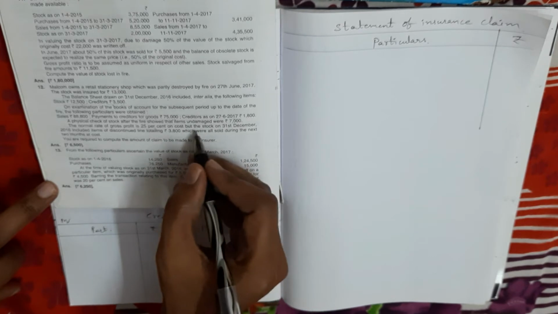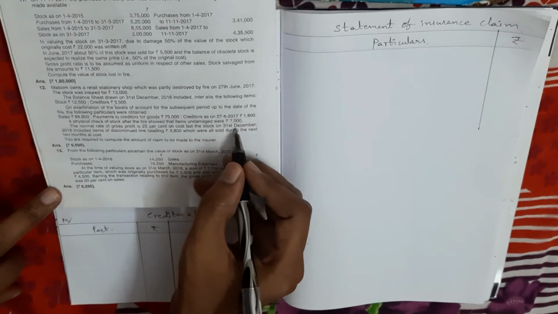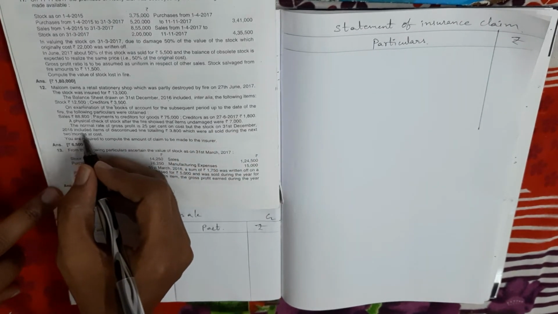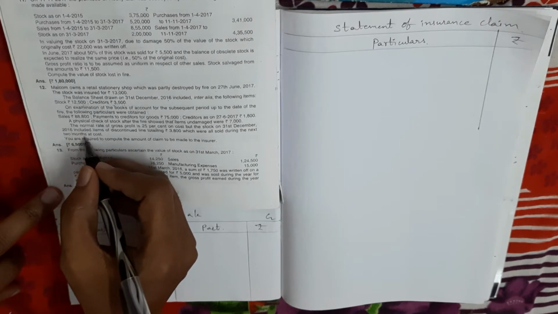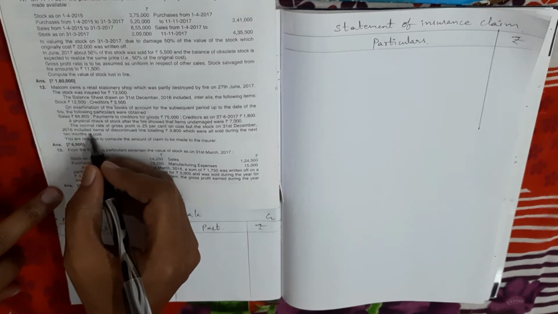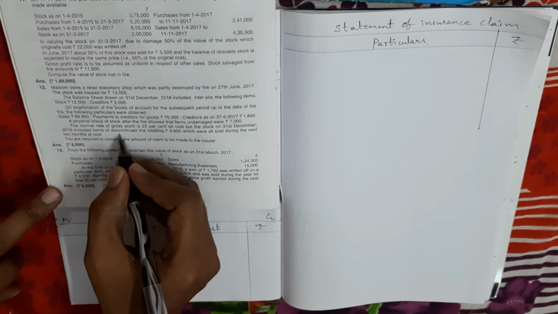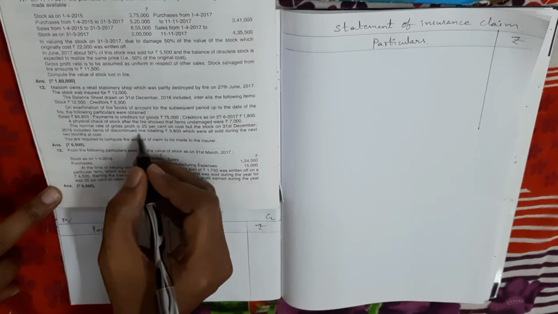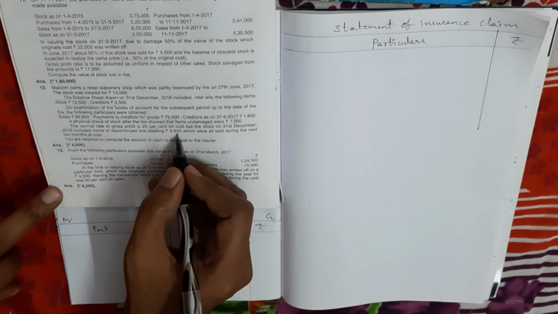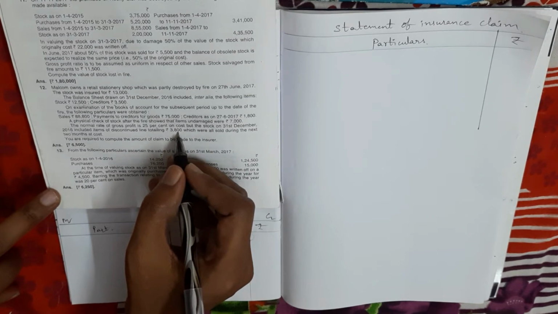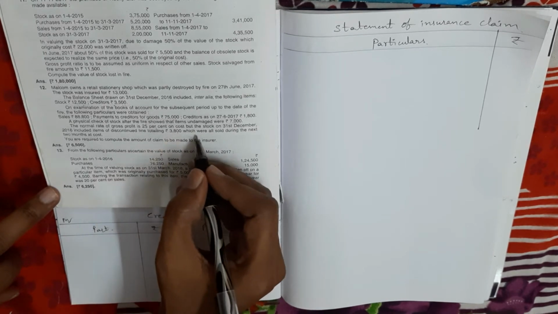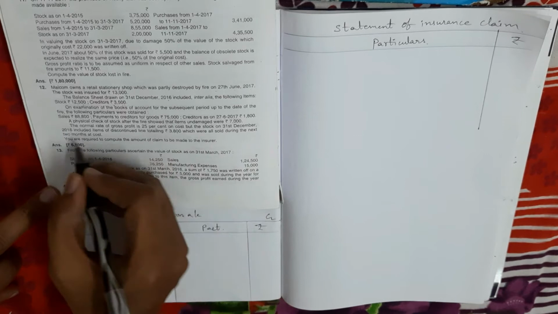Okay? See once again. Stock on 31st December 2016 means last year closing. That means in the present year, opening stock included items of discontinued line totaling 3,800 rupees. So this is the abnormal items value, which were all sold during the next 2 months at cost.